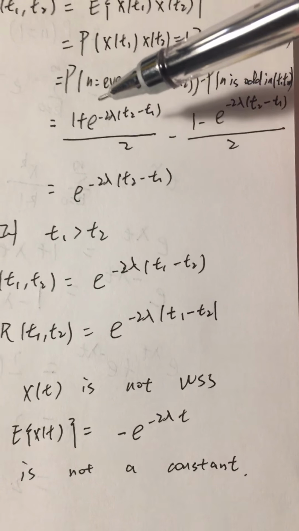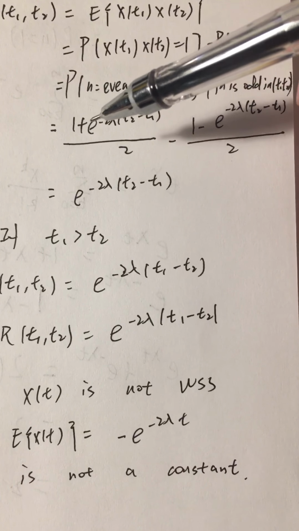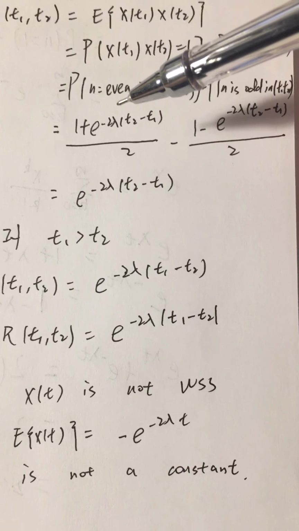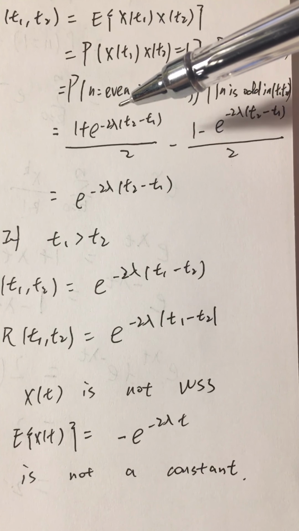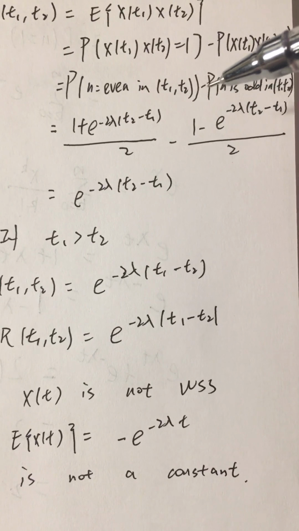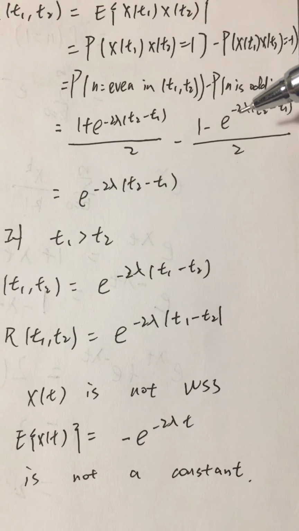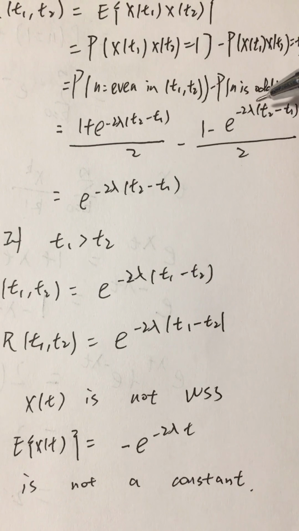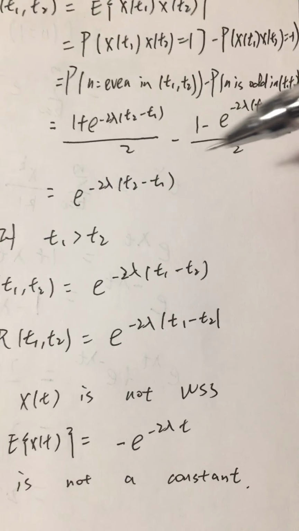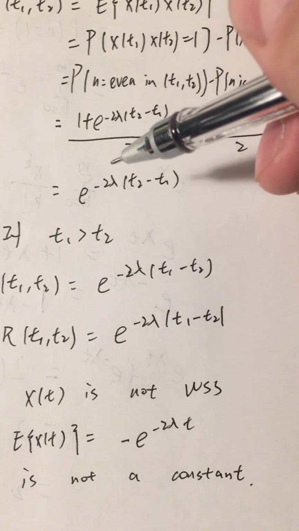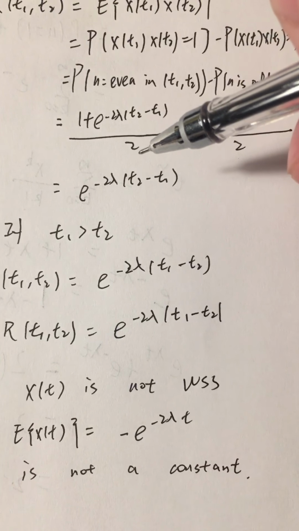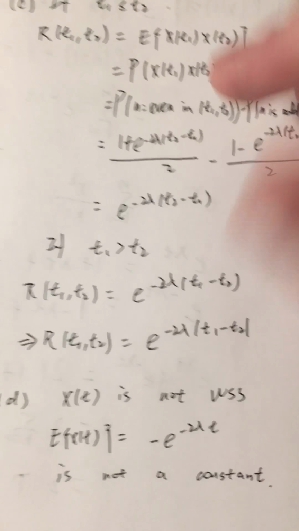So we get the probability is (1 plus e to the power negative 2 lambda times (t2 minus t1)) divided by 2 minus (1 minus e to the power negative 2 lambda times (t2 minus t1)) divided by 2, and the result is e to the negative 2 lambda times (t2 minus t1).